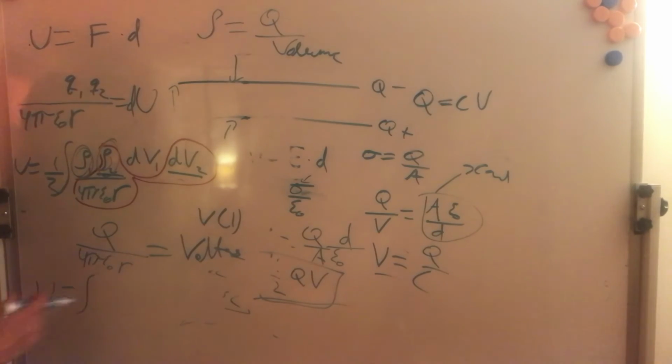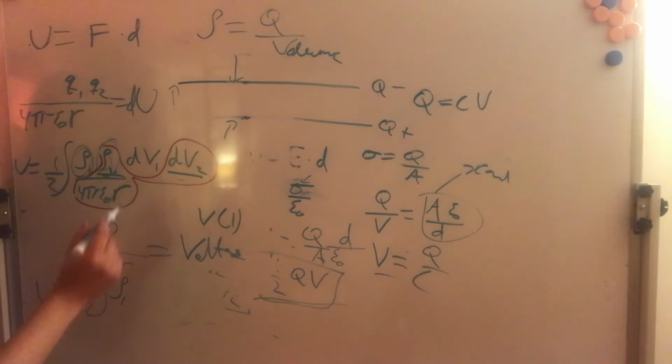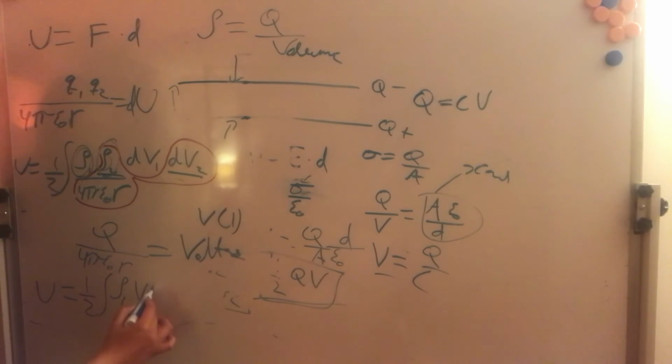So it's 1/2 of the integral of the volume charge density 1 times the voltage. I will write the voltage like this, so as not to confuse it with the volume: voltage 1, volume 1.